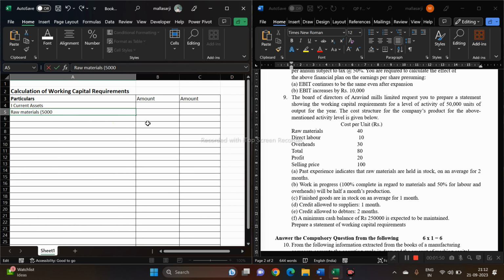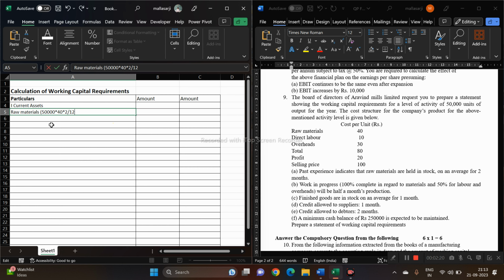So 50,000 units multiplied with the raw material cost, which is 40 rupees, into on an average how many months they are going to be kept in a warehouse. That is for 2 months. So 2 months divided by 12, because in a year total months will be 12.